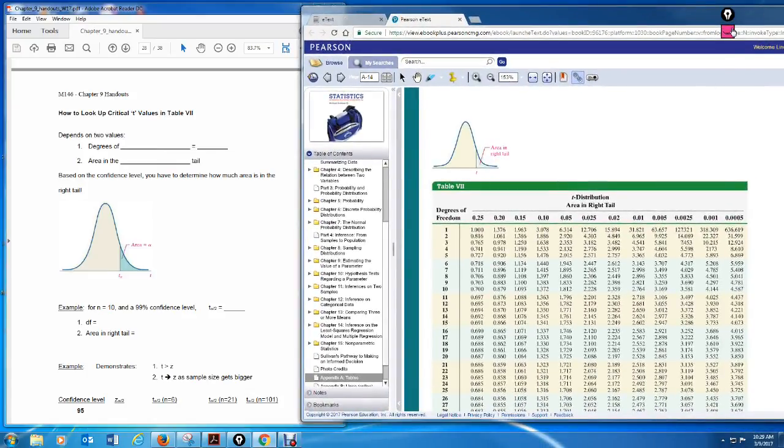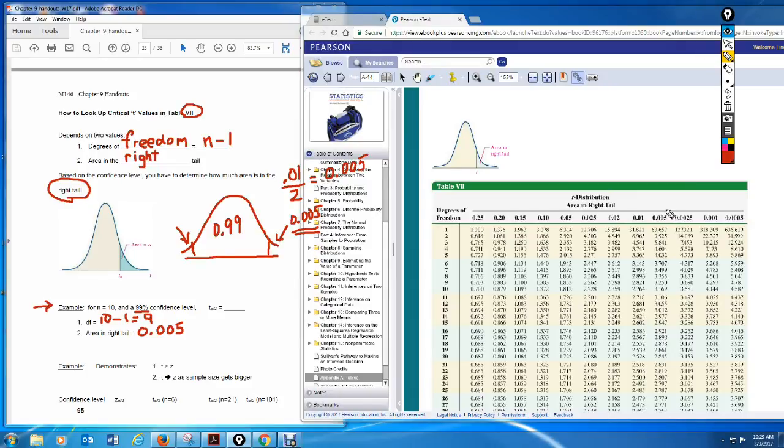I want to be here with an area of 0.005 in my right tail, and degrees of freedom equal to 9, because again, degrees of freedom is n minus 1. If I come over, the critical value that I'm looking for is right there, 3.250. That would be my critical t value.